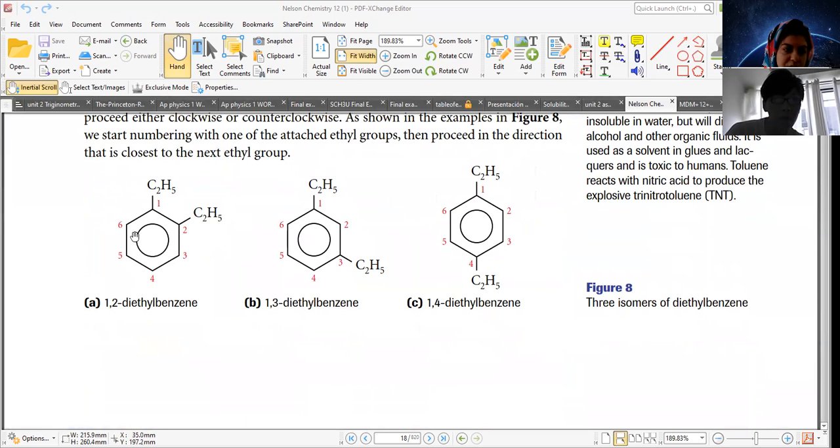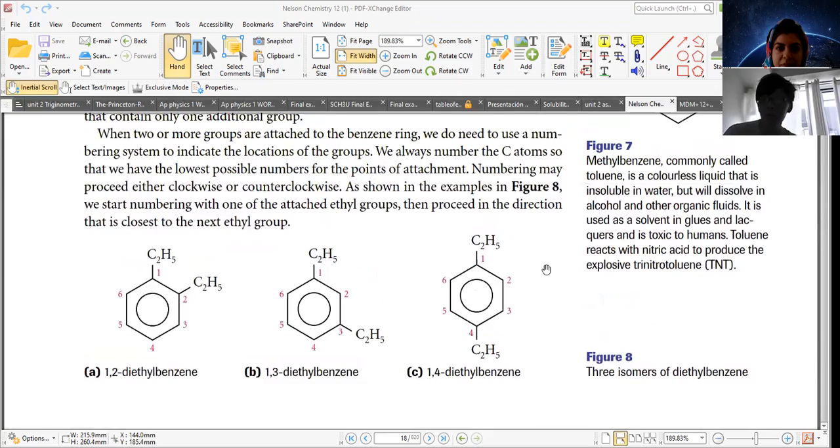When you have a circle in the middle, it means this is a benzene ring. On the first carbon, second carbon, you have ethyl. It's going to be 1,2-diethylbenzene. Here you have the first carbon, third carbon, so it's 1,3-diethylbenzene. And here is on the first and now the fourth carbon, that is 1,4-diethylbenzene.